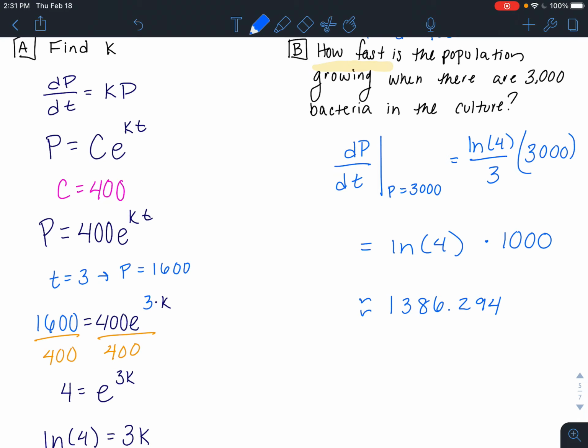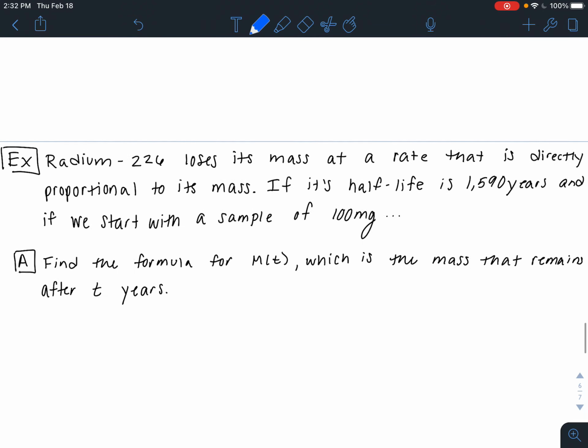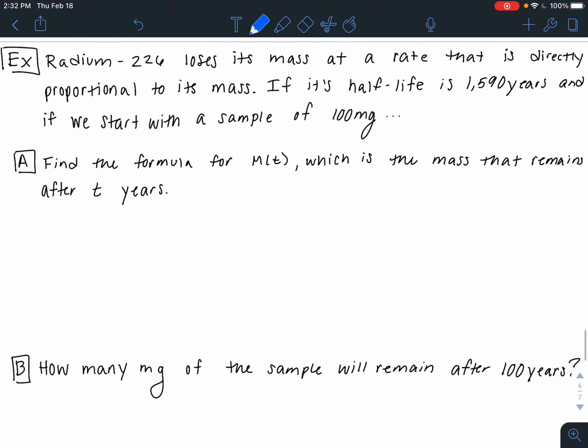I'm going to start over, erase that last sentence from your mind. So this is a rate of change, so it is changing in units of population over the time unit. So this is going to be increasing at 1,386.294 bacteria per hour when there are 3,000 bacteria in the culture. Okay, that was a mess. That's okay. We're just going to keep going with it.